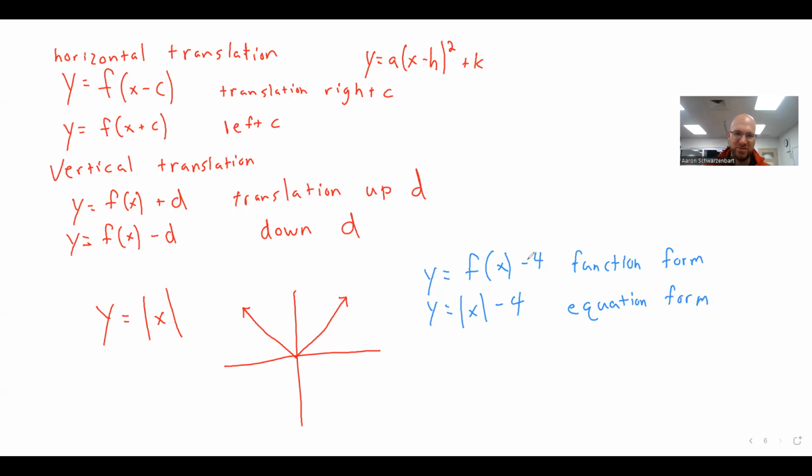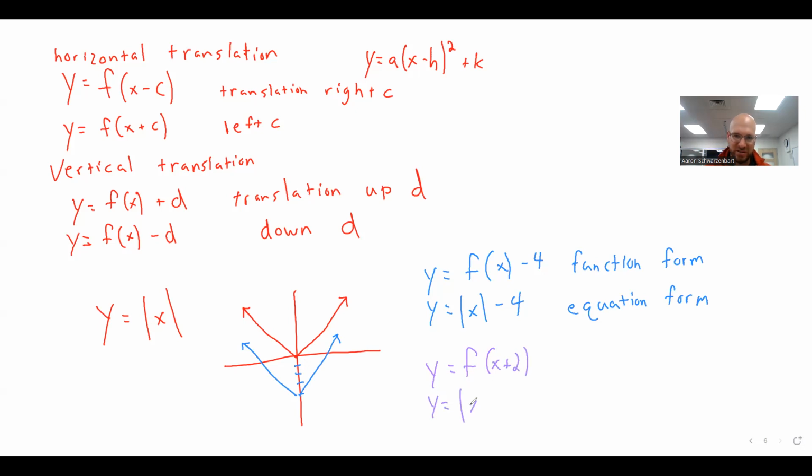And what does this -4 outside do? Shift it down 4. This graph looks like that. Same V. They should be parallel. Might not have been perfect. I can also do x plus 2. That's in function form.